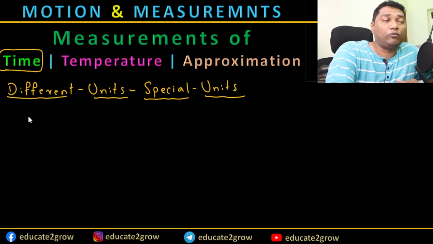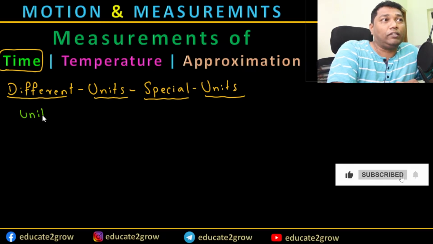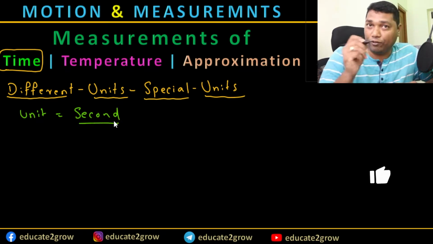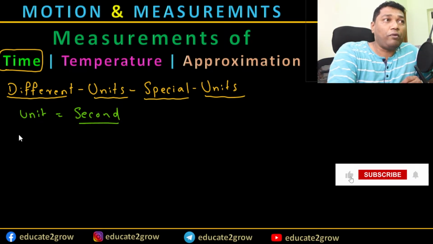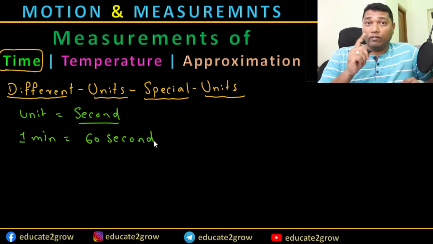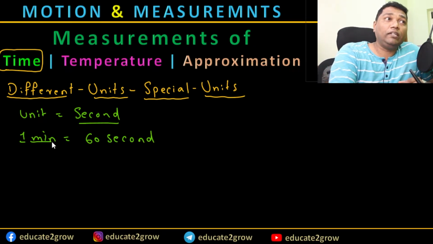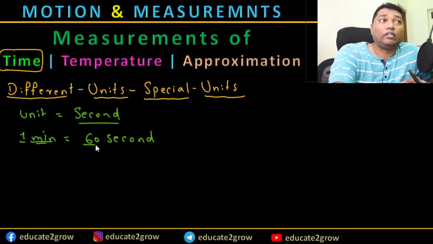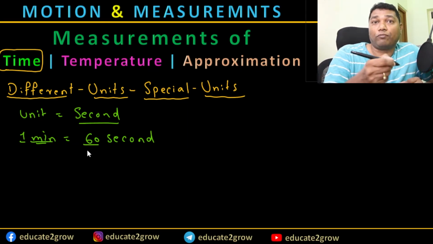The unit of time is the second. That is the standard unit, and 1 minute equals 60 seconds. It means the minute is derived from a count of 60 periods.